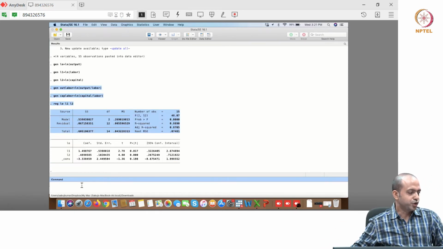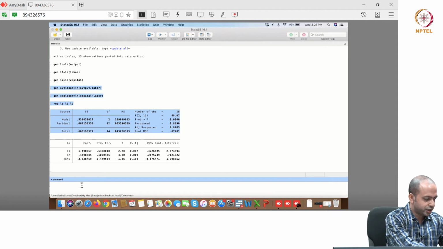This is the model you have estimated. This is the unrestricted version, and from it what you have to look at is the RSS. We have to use the RSS from the unrestricted model, which, if you look at the residual, is 0.0671.